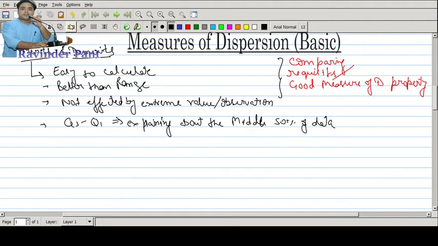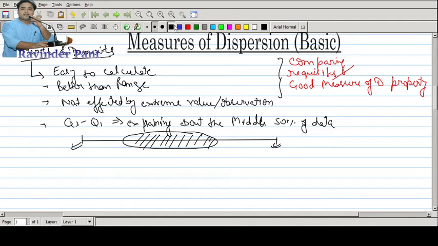So if we want to track this 50%, we want to find some variation here. If we are not concerned about the low scorers and very high scorers, and we think that the data is fluctuating because the middle performers are having some variations, and we want to track this, then this quartile deviation is a very useful tool for measuring the dispersion in the central portion of the data.